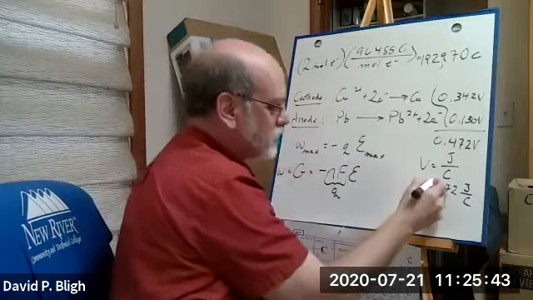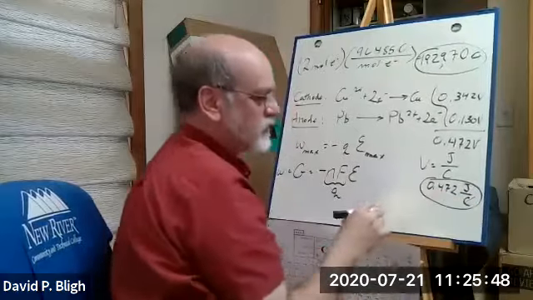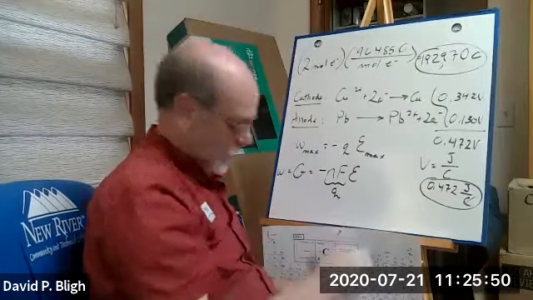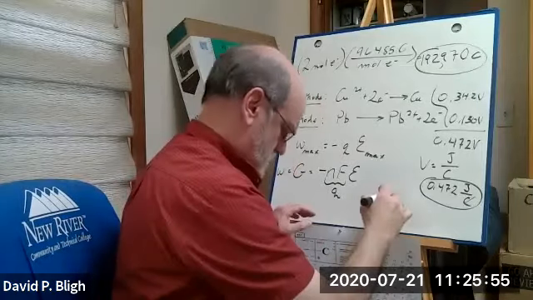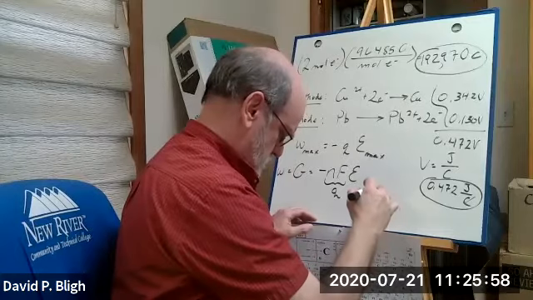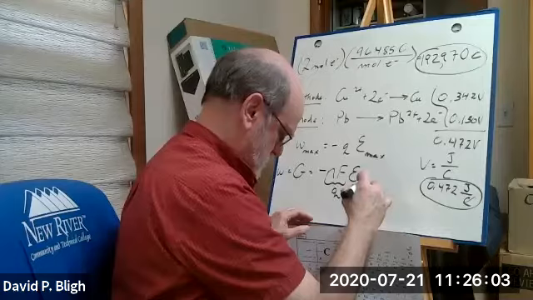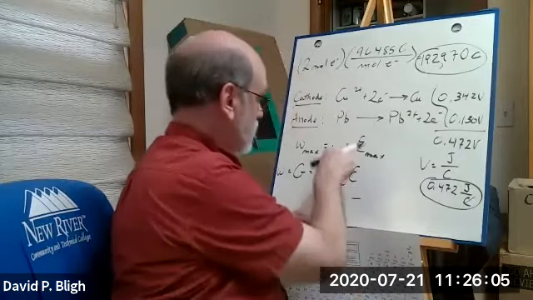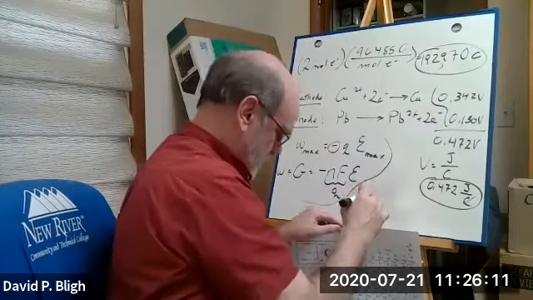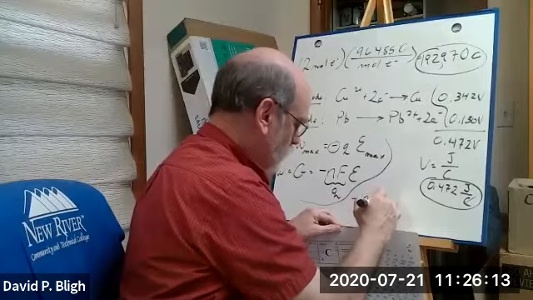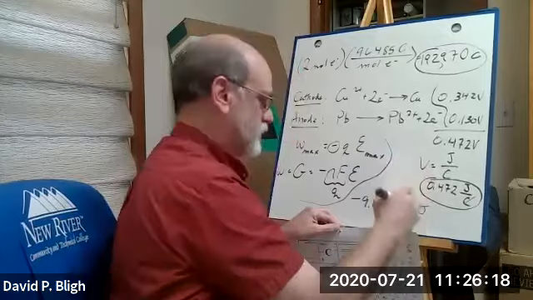If we multiply those two together, coulombs cancel and we get joules. So we get minus, because of that sign, minus 9.108 times 10 to the 4th joules.